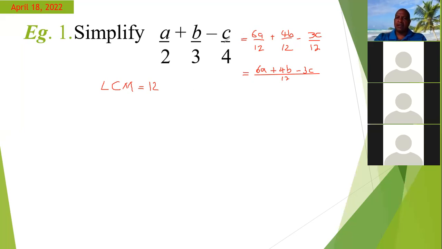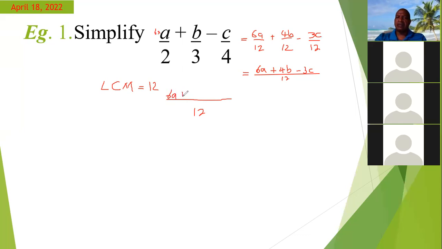Now, if you didn't want to take this approach, you could go from here, one step, and then you would use each of the denominators, divide your LCM, times your numerator. So 2 into 12 goes 6 times, so you have 6 times a, and that just gives you 6a.